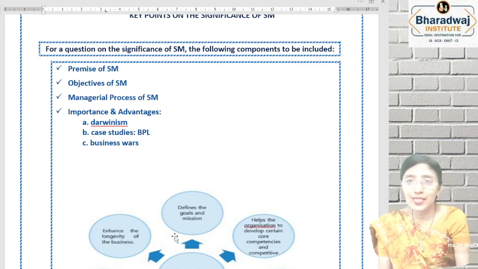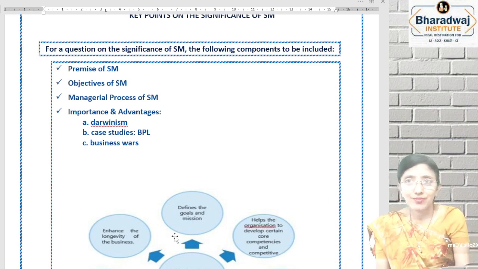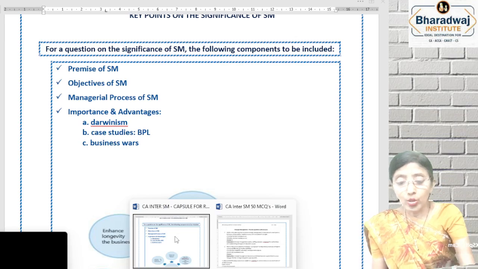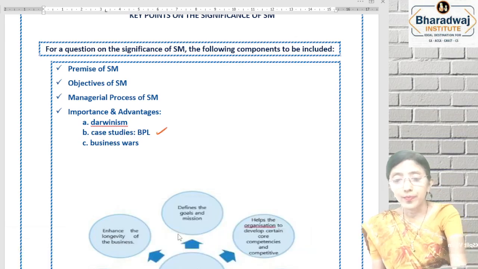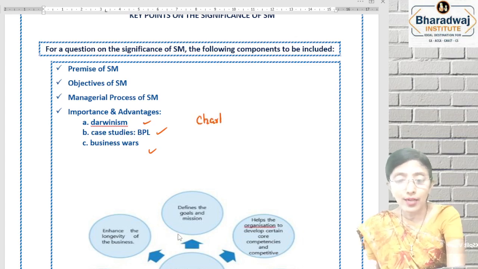Big empires, you would have heard, have fights between brothers. To enrich your answer, write a case study. And the principle of Darwinism, you remember Charles Darwin's theory, which you can use.